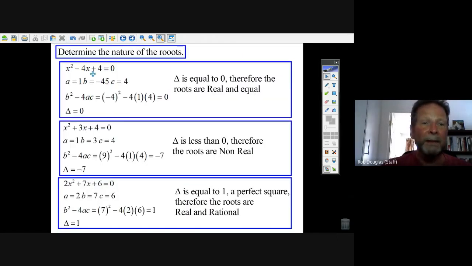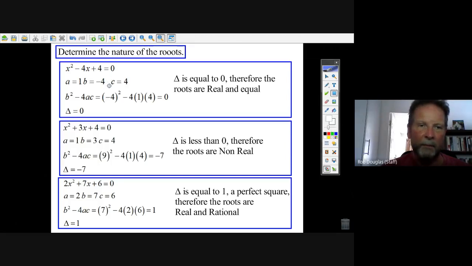Okay, here are three questions, just looking at them quickly. Say you had x squared minus 4x plus 4. All you do is a equals 1, b equals minus 4, and c is 4. There was a little bit of a mistake on the screen, but I can fix it right now.